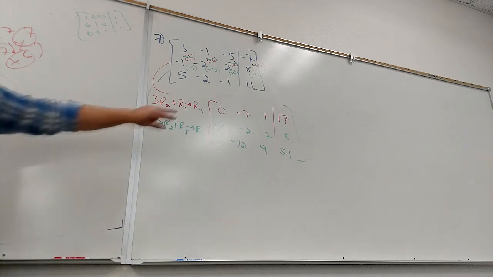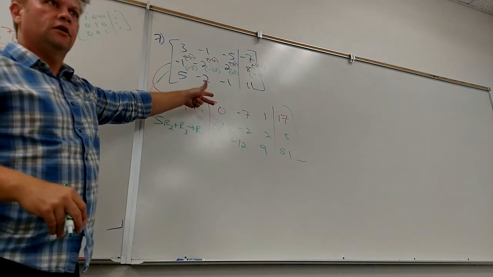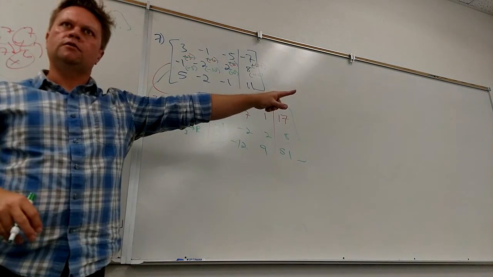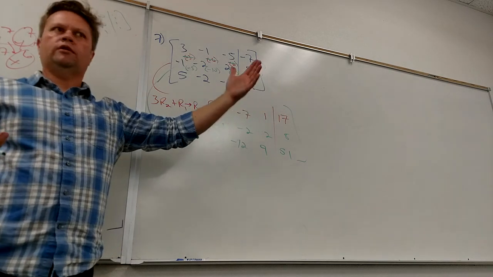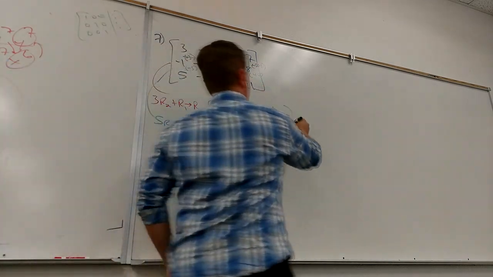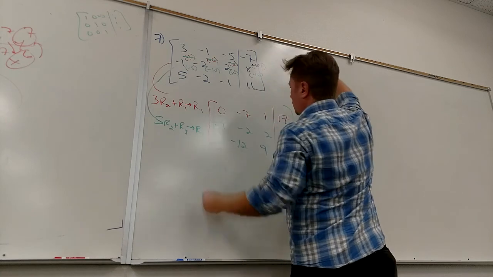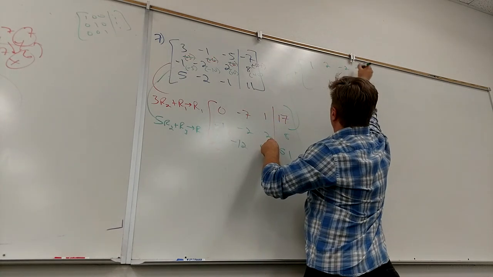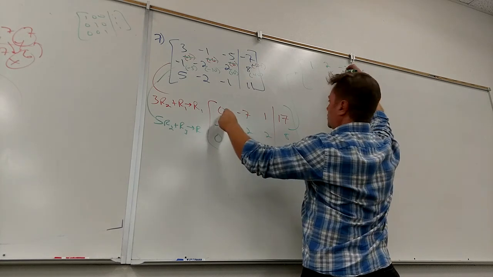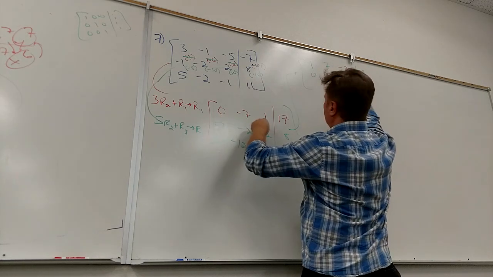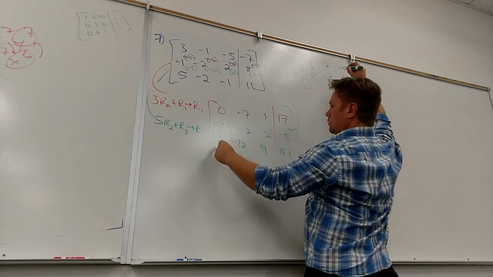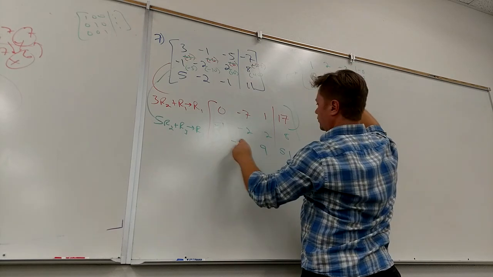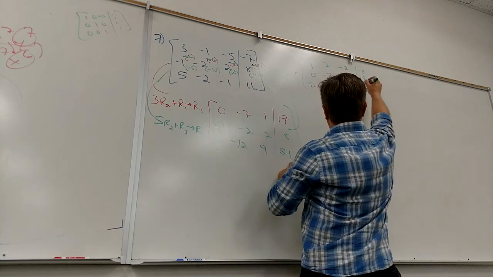So I can switch these rows, and then I can divide this by -1. Eventually, you don't have to do it now, but I'll do it now. So I get 1, 2, -2, -8, 0, -7, 1, 17, 0, -12, 9, 51.